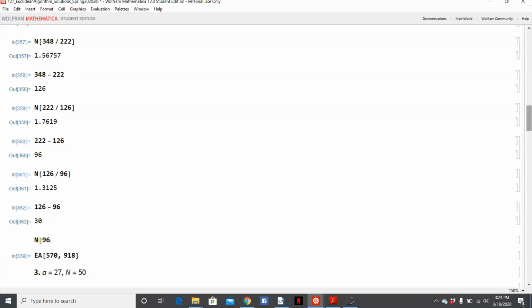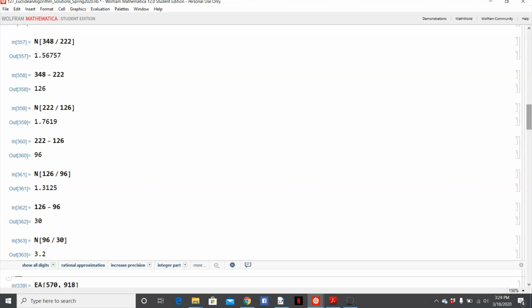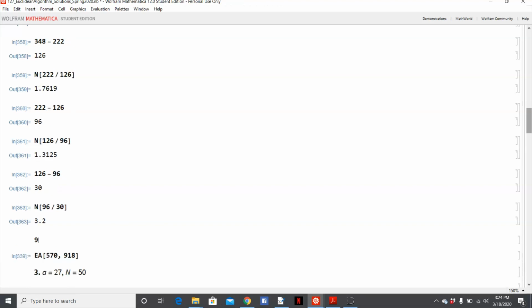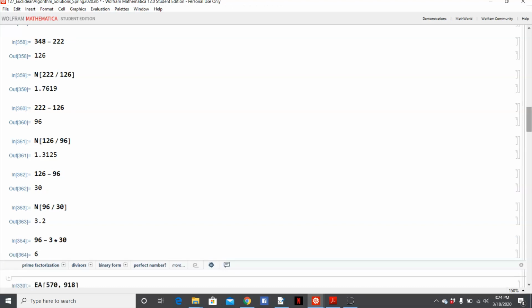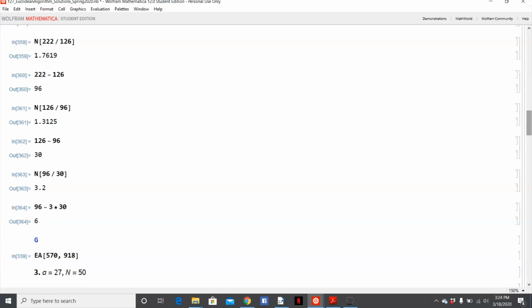Now I take 96 and I divide it by 30. You get 3.2. So now I'm going to take 96 minus 3 times 30. Gets me 6. So then I would divide 30 by 6, but 6 divides 30. So there's my GCD. If I do that last division, I'll get a remainder of 0.